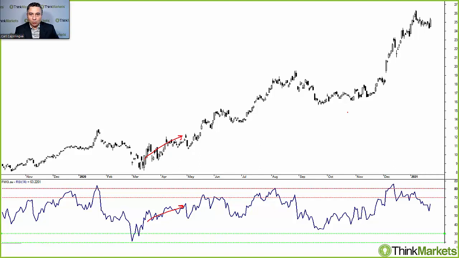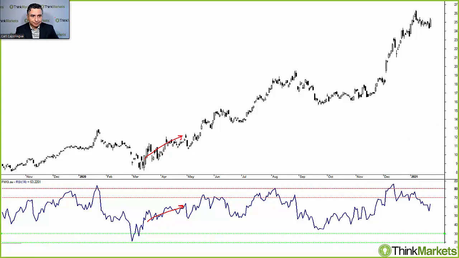But there are times where you have consolidation periods or where the price is about to change, where if you've been in a strong uptrend, the up moves aren't as great and some of the down moves start to creep in, they're getting bigger and bigger, and that's going to come up on the RSI. And it can create these, what we call negative or positive divergences.